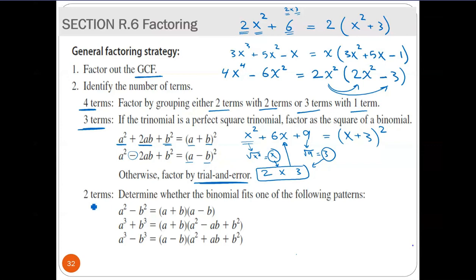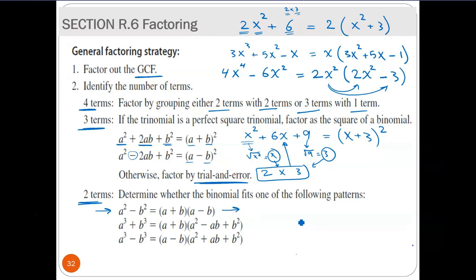If we have 2 terms, we have one of 3 cases. Difference of squares: if we have a square minus b square, put a plus b and a minus b.